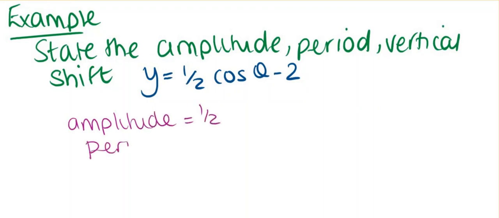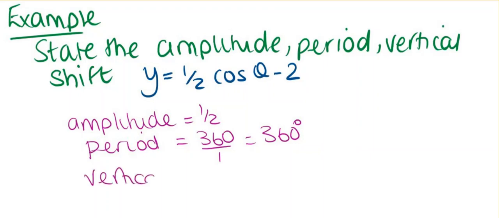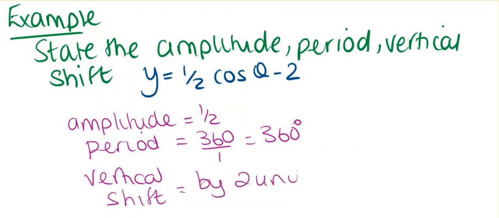The period is 360 divided by 1, so this is 360 degrees. And then we have a minus 2. This is going to tell us that we have a vertical shift by 2 units down.